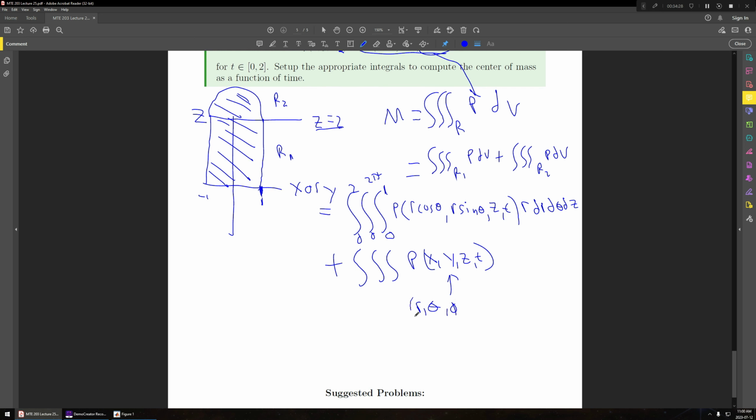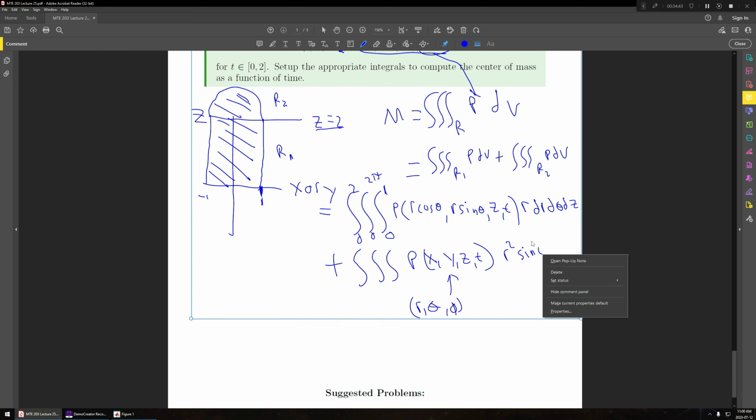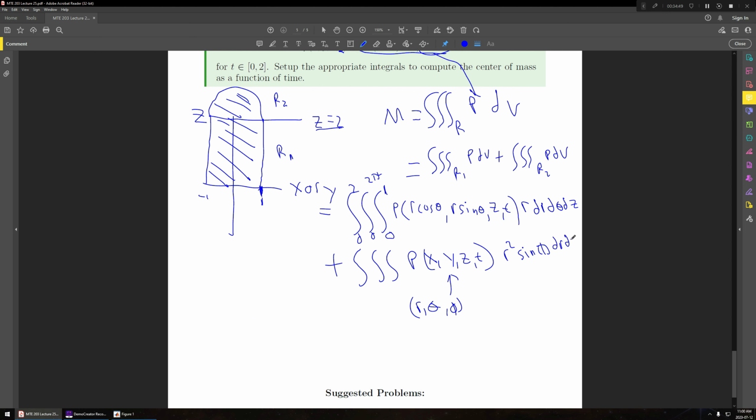So just plug in these transforms of my coordinate terms. In spherical coordinates, I end up with that r squared sine of phi floating around here. So I have r squared sine phi, and I'm going to have my dr, d theta, d phi. Okay, so I need to compute what these things are.